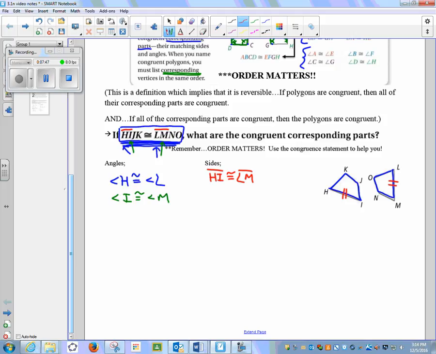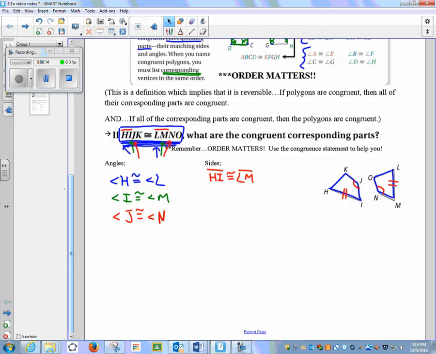So you actually can use the diagram. You can tell J is the biggest angle, right? And N is the biggest angle. So J and N are going to correspond with each other and be congruent to each other. But also if you look in the congruent statement, third letter, third letter, so you know they have to be corresponding and therefore congruent.